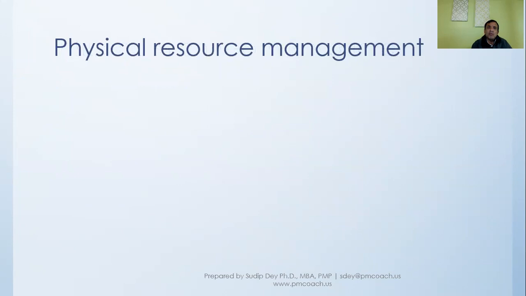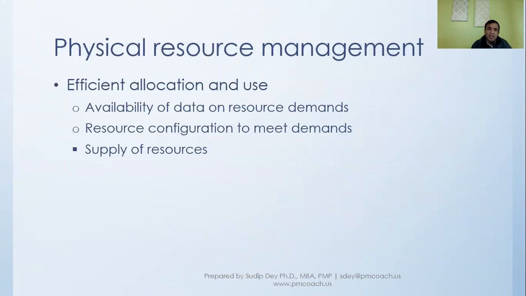Then when we talk about physical resource management, essentially it is about efficient allocation and use of physical resource. Now that depends on how much data we have on the resource demands.